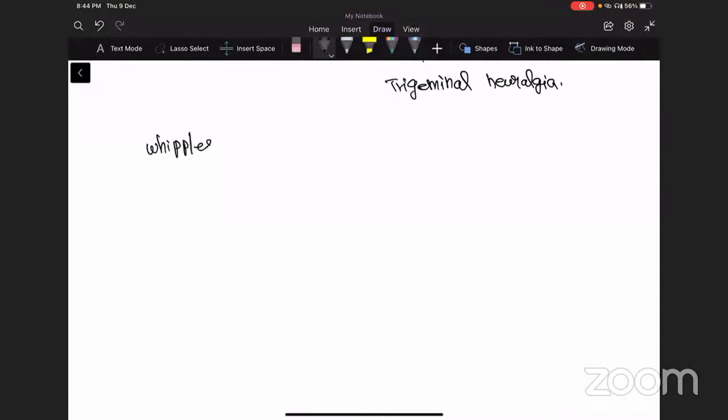We have Whipple's triad seen in insulinoma.